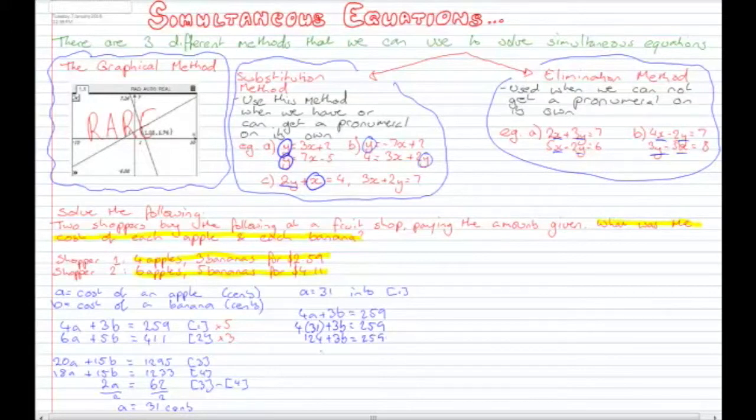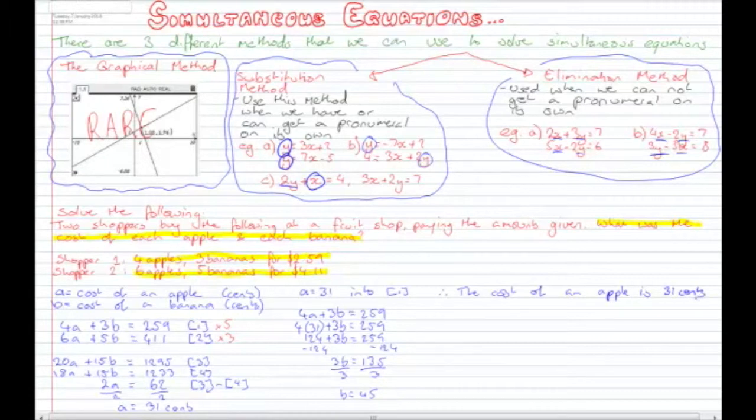Now what we're going to do is subtract the 124 from both sides. So when you go minus 124 and minus 124, you're going to be left with 3B is equal to 135. Divide both sides by 3 now. Ends up with us having B is equal to 45.